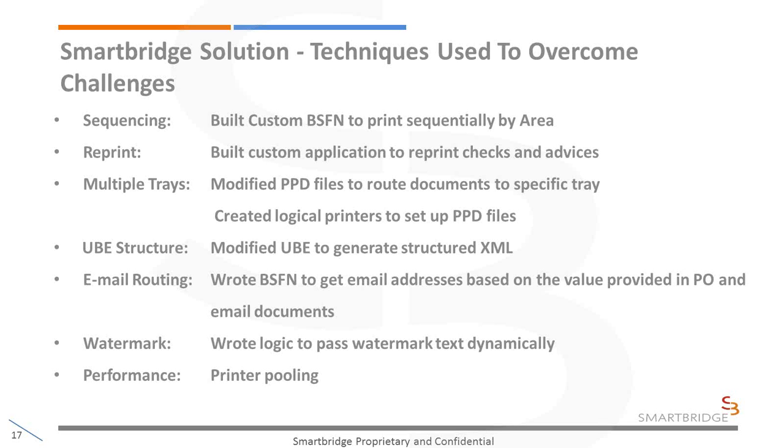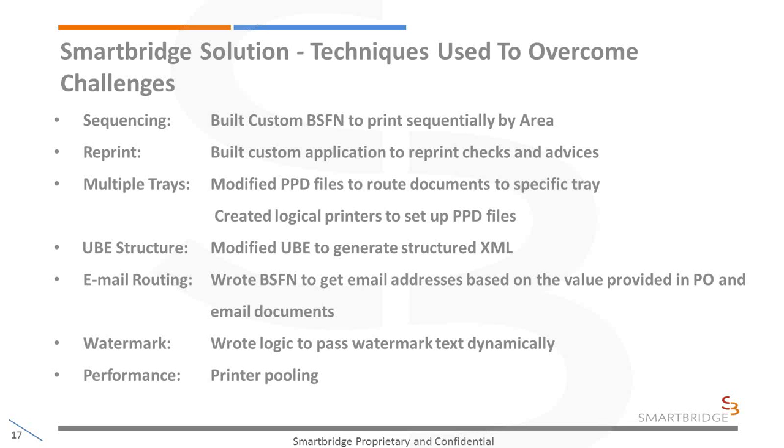Because of performance, our client was printing 20,000 checks using Formscape in approximately 5 hours. Before converting to BI Publisher, it was a big challenge for us to meet or improve this performance. Additionally, we built a custom business function to ensure the sequential process, which consumes some additional amount of time.